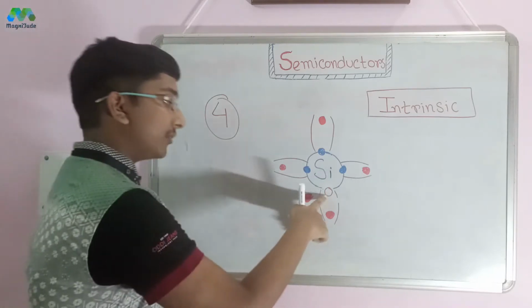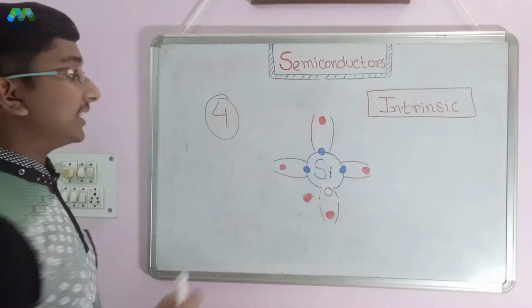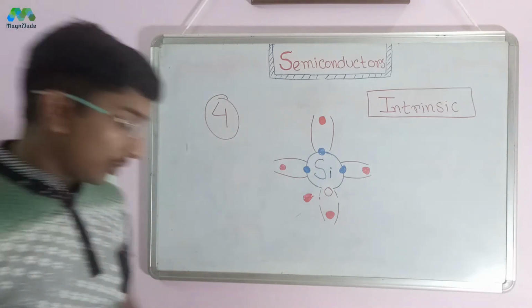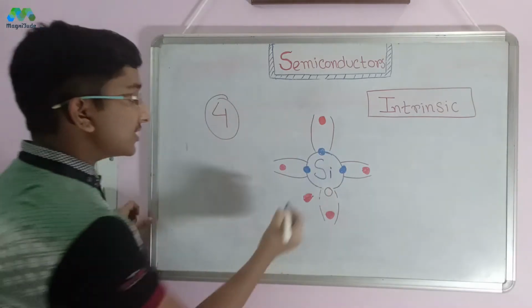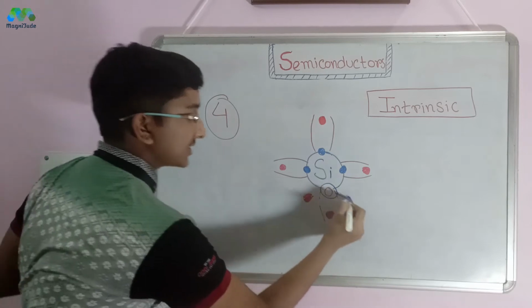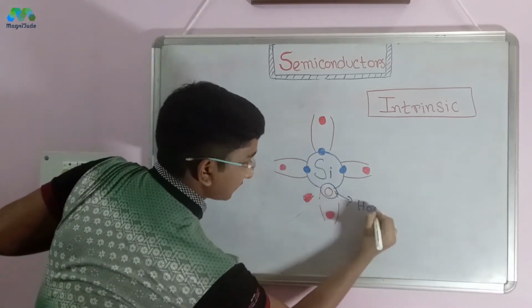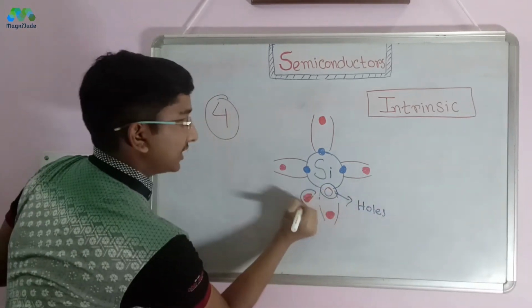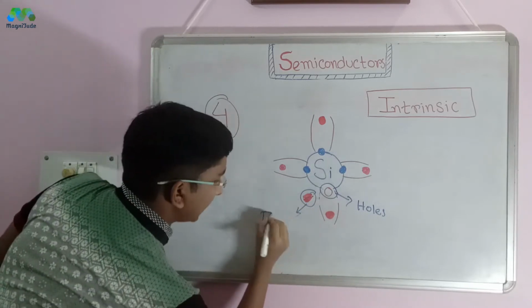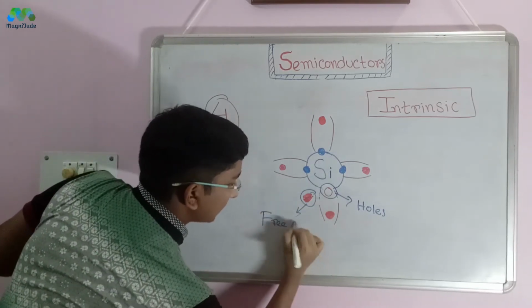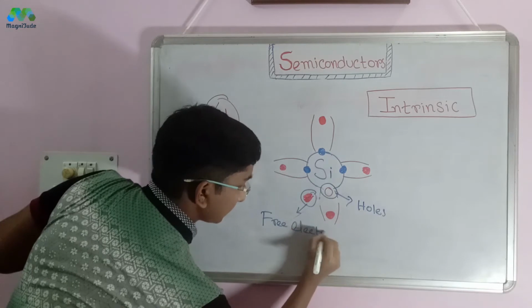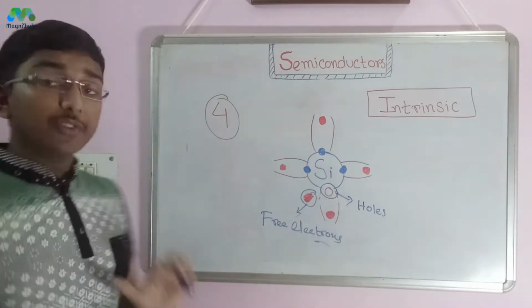So here one hole will be formed, and here one free electron will be formed. This one is known as the hole and this one is known as the free electron. Up to this we are clear.